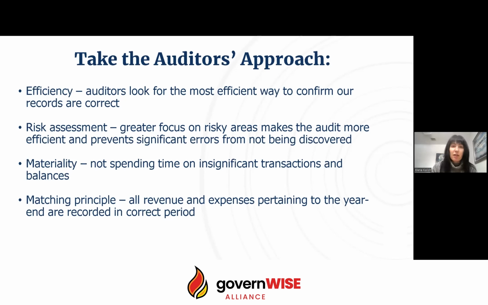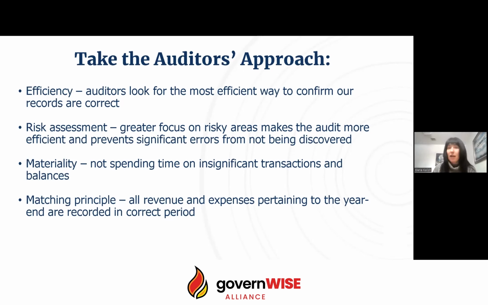So another thing the auditors look at is called materiality. And what that means is basically there is a certain dollar amount that is not significant enough, that even if there is an error in that amount, it's not going to change our mind about how accurate the financial statements are. Okay, so what it means for us, if we want to take the auditor's approach and be efficient and accurate, is we're going to say, okay, maybe there is a dollar amount.